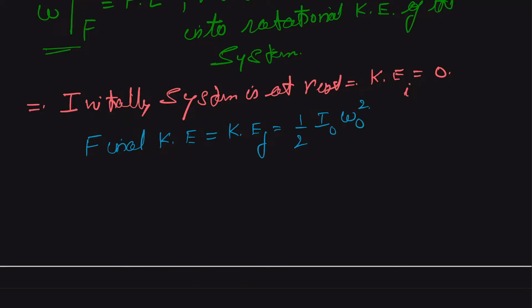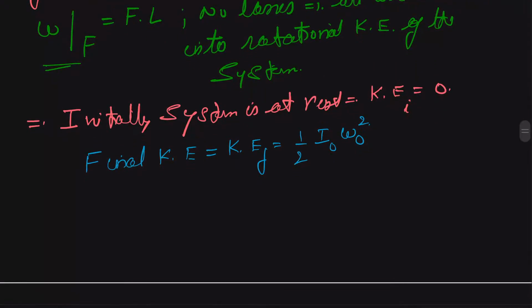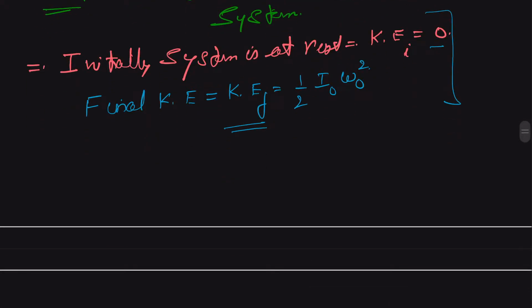So these two will be equal. Work done will be equal to the total kinetic energy. Initially 0, so that will be equal to our KEF. Therefore we can say that work done because of the force F will be equal to kinetic energy initial plus kinetic energy final.